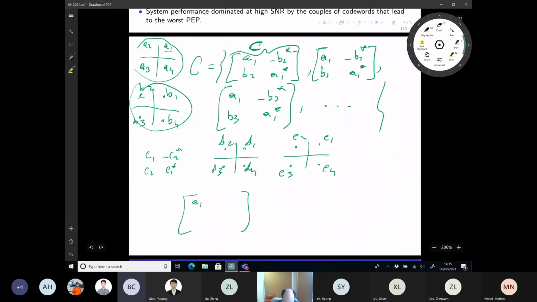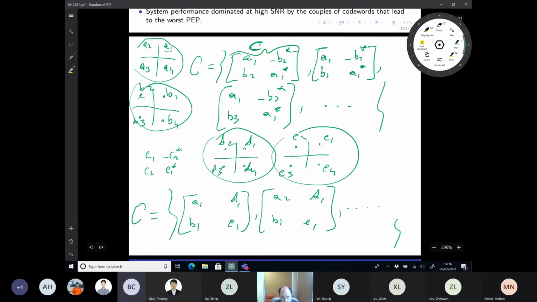I could have A1, and I have B1, for instance, and then D1, and then E1, right? Or I could have A2 and still B1, D1, and E1, right? Those are different code words, and so on. So in this case, my code book is much bigger. I have 4 points, and I have 4 constellations. So now I'm going to have 4 by 4 by 4 by 4, right?